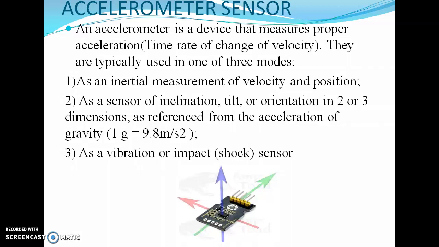And third is as a vibration or impact or shock sensor. So these are the three areas where an accelerometer sensor can be used. So you can see here the construction of this accelerometer sensor.